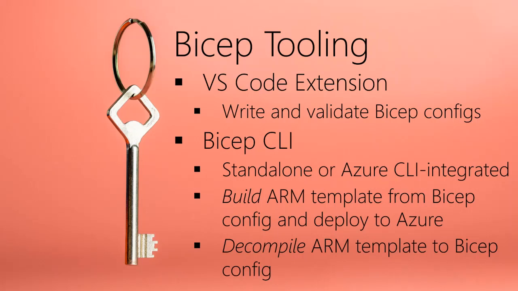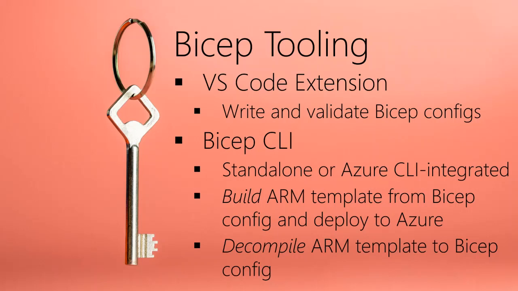And what's also very nice, the Bicep CLI can also decompile ARM templates. That means you can take an existing ARM template that you might have created in the past, and from there, you can decompile that into a Bicep configuration file. So the Bicep CLI supports the build or compilation, and also the decompilation process.